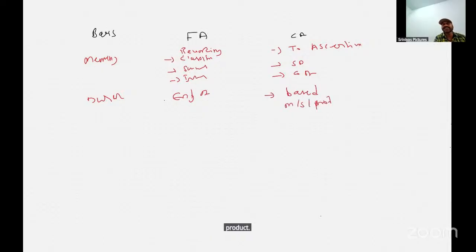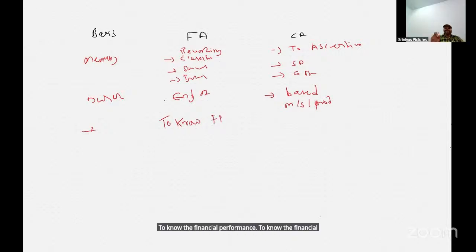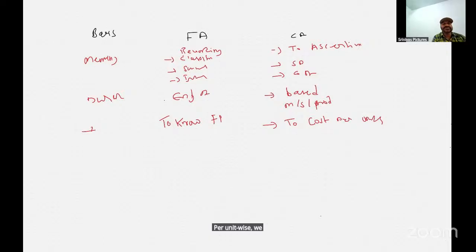Financial accounts are prepared to know the financial performance. Cost accounting is used to know the cost ascertained per unit. Is it clear? Yes, sir.